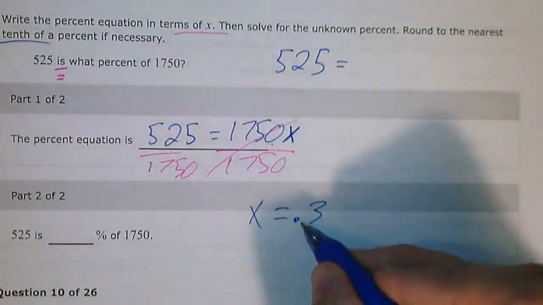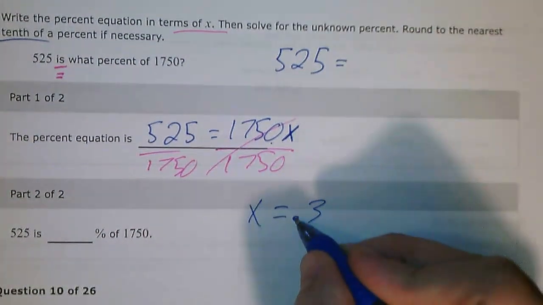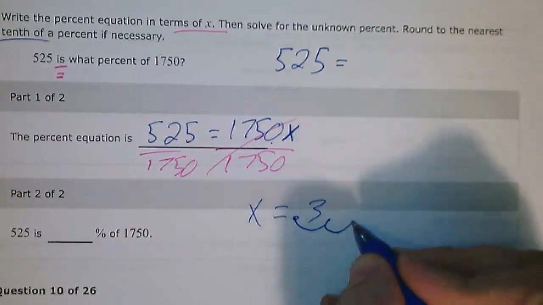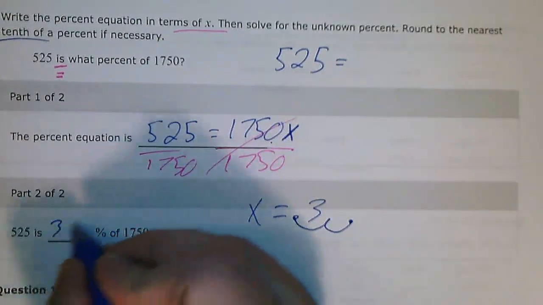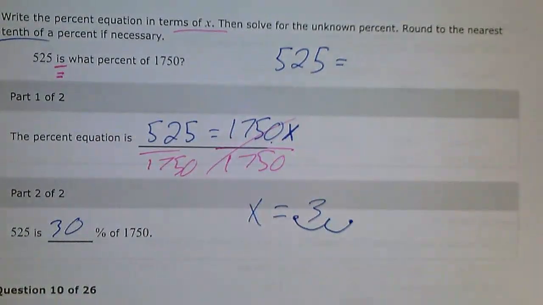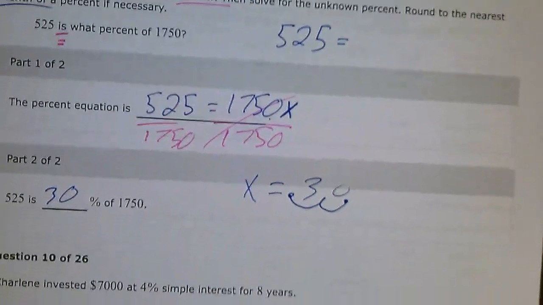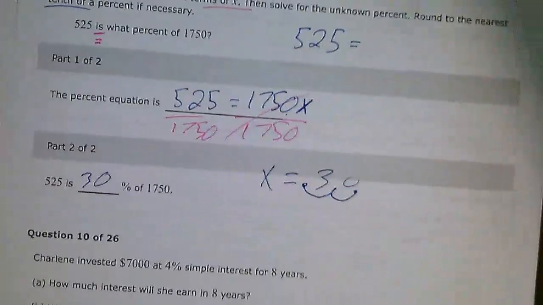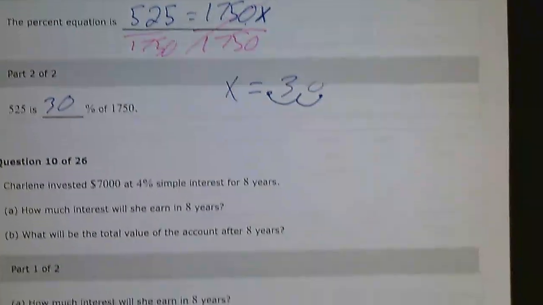To go from the decimal to the percent, we move to the right 2 spots. So 525 is 30% of 1,750. Let me know if you have any questions on that one. And we'll move on.